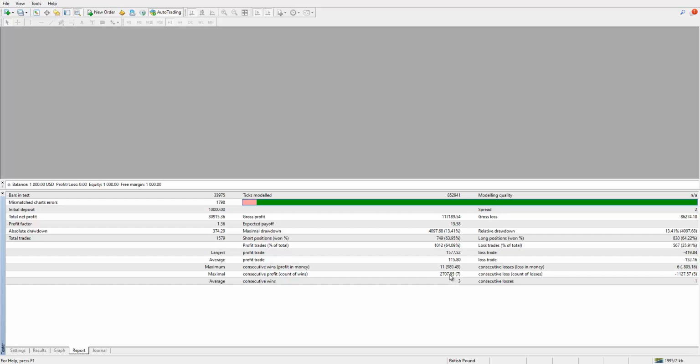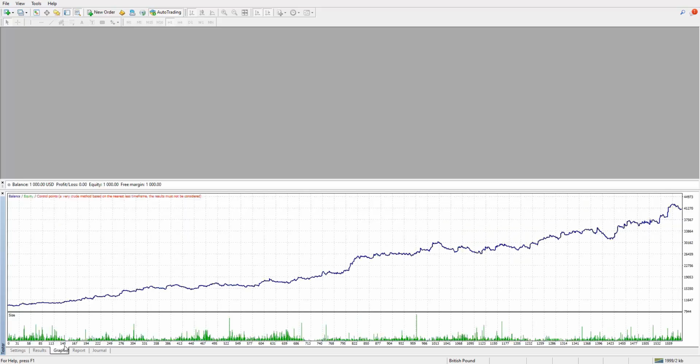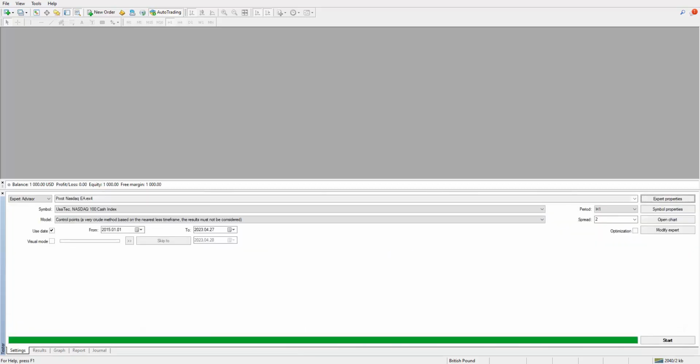So maximum consecutive wins 7 and maximum consecutive losses 5. So as you can see, this bonus, this EA, it works a lot. It works very well. There's only benefits of buying Italo Pivots Indicator.